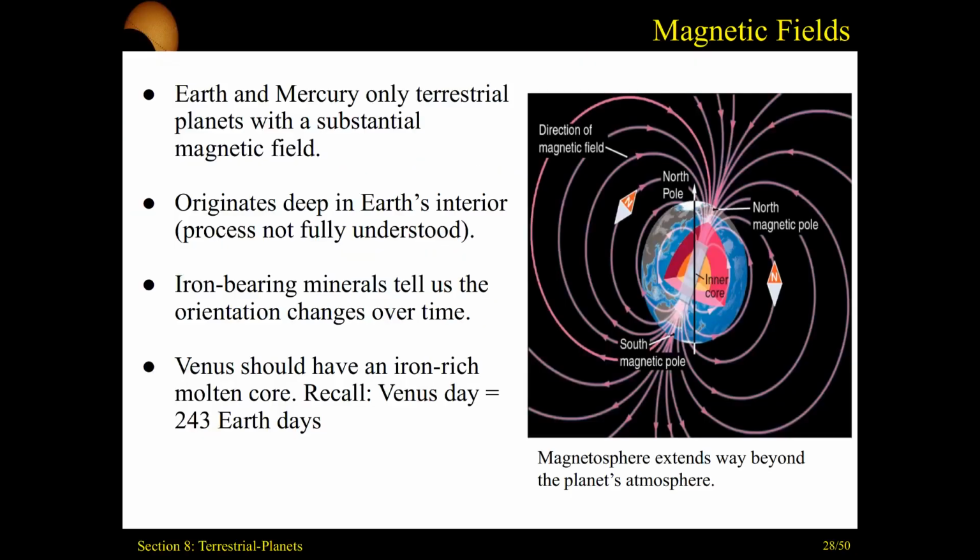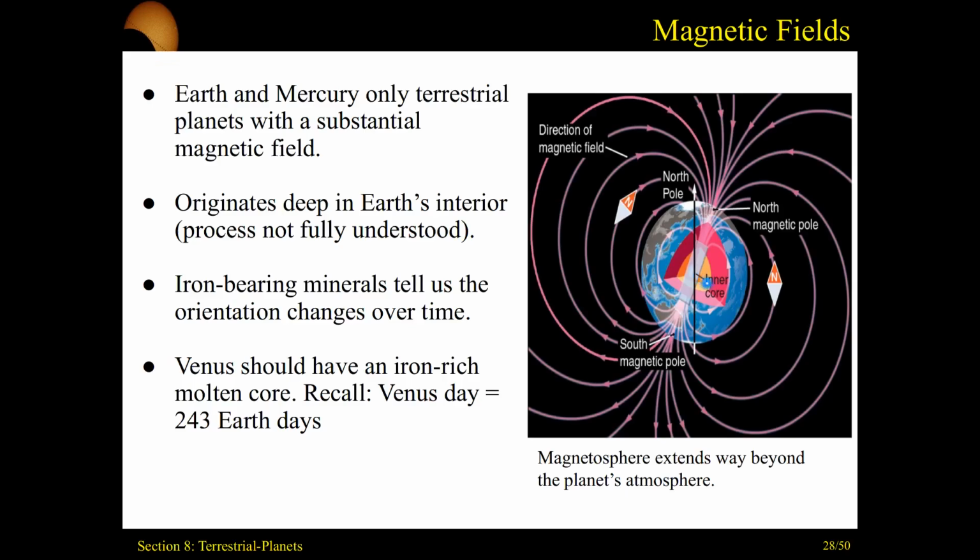Now, at least on Earth and Mercury, we have this substantial magnetic field. A shorthand model is to think of it as having a bar magnet at the center of Earth, where we have a north magnetic pole and a south magnetic pole, creating these field lines pointing in this direction, right? We understand some of what's generating this magnetic field that's protecting this planet and our atmosphere from all sorts of cosmic stray radiation, but we don't have the full picture.